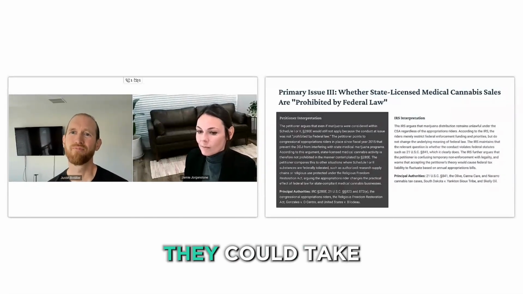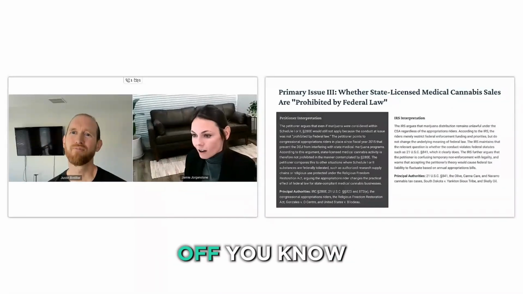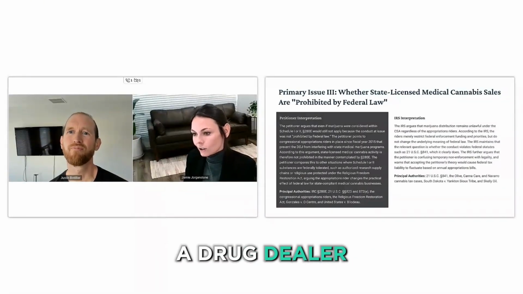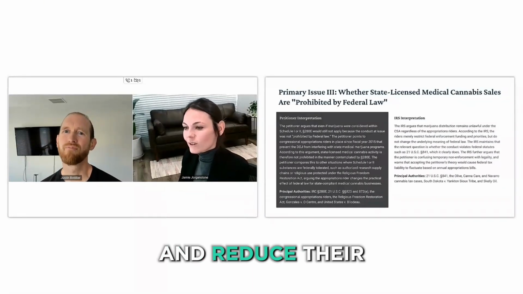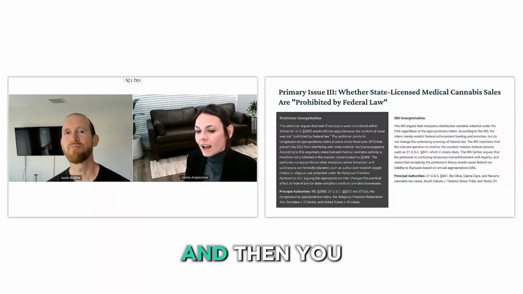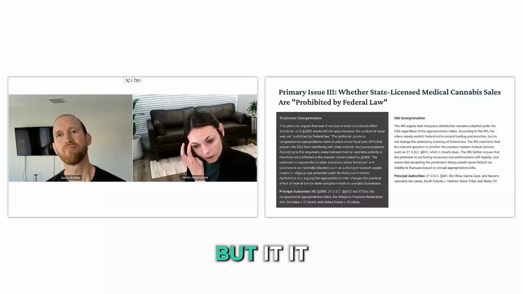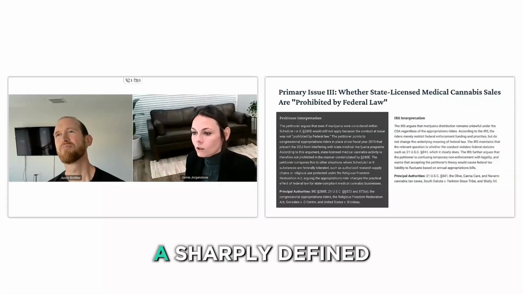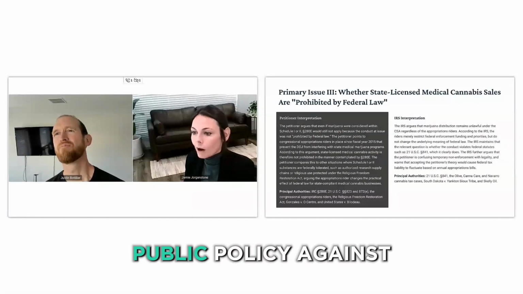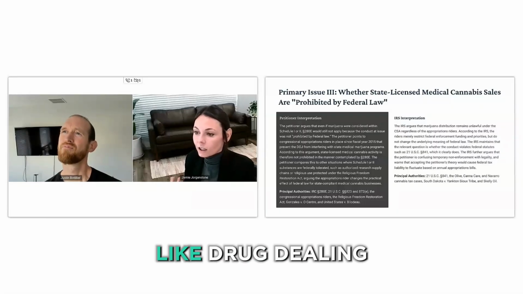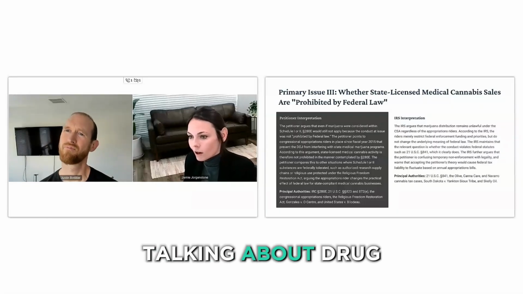They could write off whatever a drug dealer writes off, and reduce their taxable income. And then there's this quote, I'm not going to get it exactly right, but it refers to a sharply defined public policy against drug dealing. And it's talking about drug dealers.